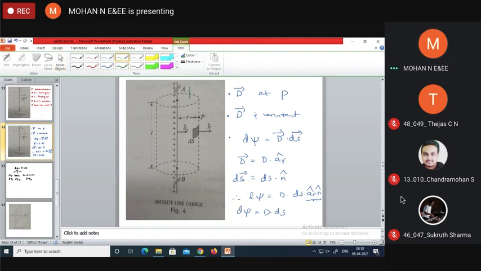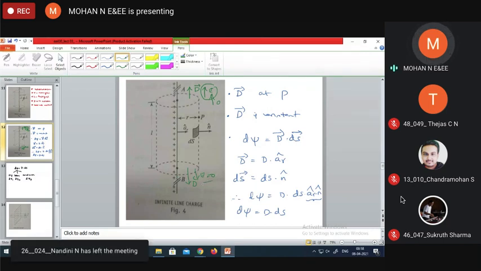Because, just follow me here, you'll have the flux density like this, and as a result you'll have the field lines like this, parallel to one another. And E is absent here because these lines are parallel to the line of charge.